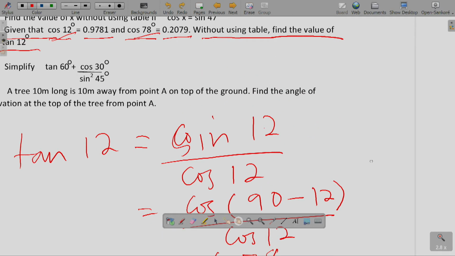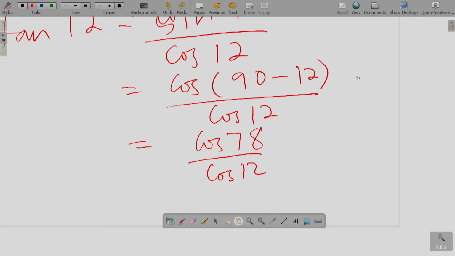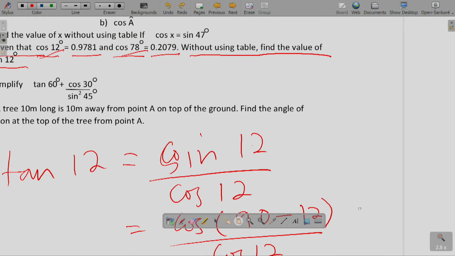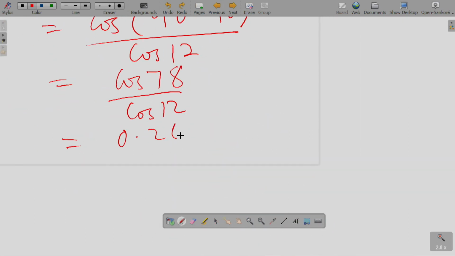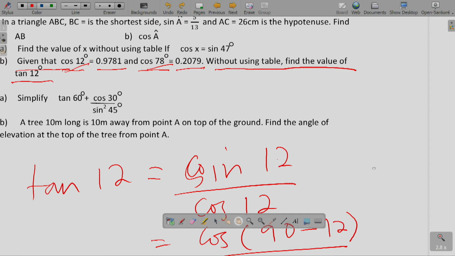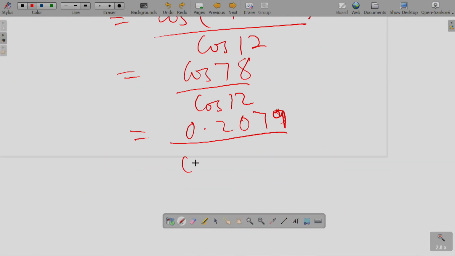And here we have the value cos of 78 is equal to 0.2079, and cos 12 is equal to 0.9781.